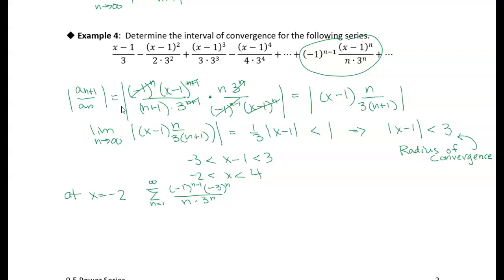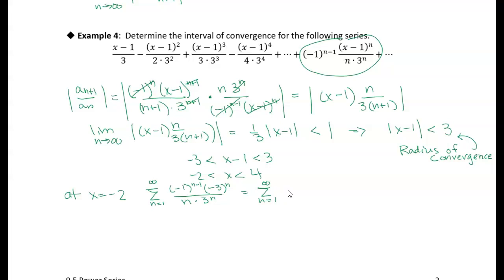All right, so what is that? Let's simplify that a little bit. So we have the summation n equals 1 to infinity. Let's think about what's going on here in the numerator. You can see that minus 1 is to the n minus 1, right? And minus 3 is to the n. Okay, so when n is even, this (minus 3)^n is going to be positive, but the (-1)^(n-1) is going to be negative.